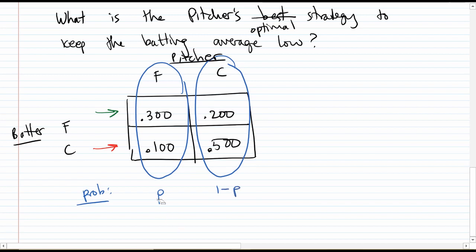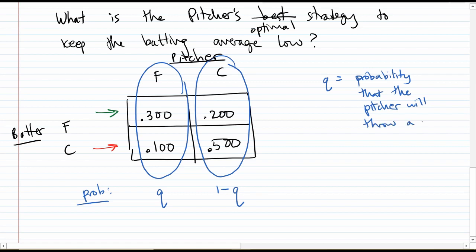But just so we're not confused between player 1 and player 2 strategies, I'm going to call these probabilities q and 1 minus q. So q is the probability that the pitcher will throw a fastball. Before, p was the probability that the batter would guess a fastball.